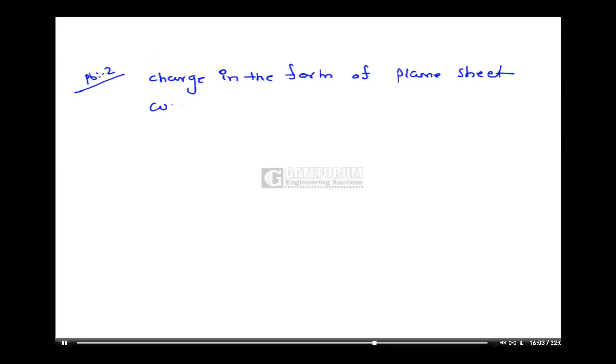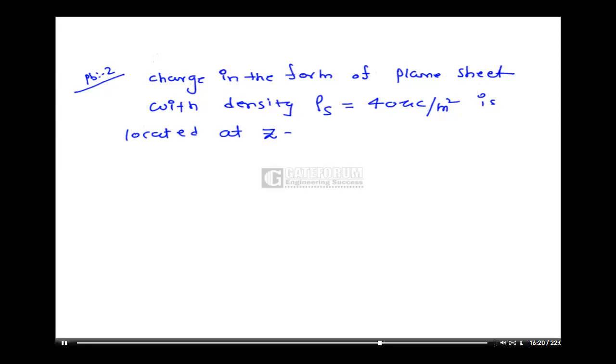Next problem is: charge in the form of a plane sheet with the density rho s equal to 40 microcoulomb per meter square is located at z is equal to minus 0.5 meters.